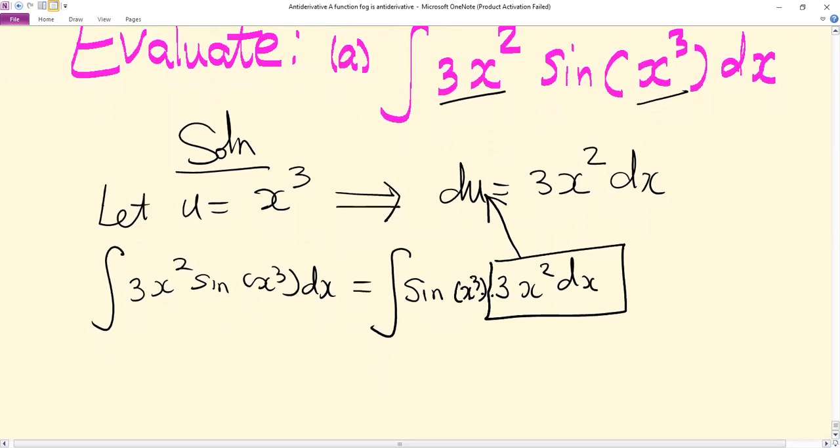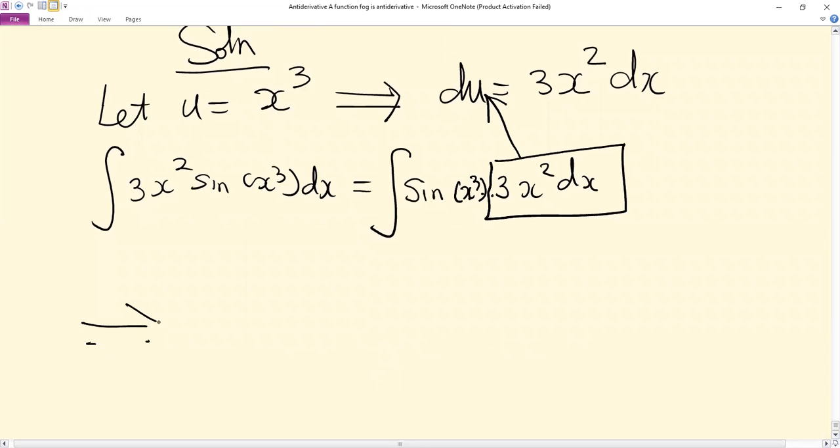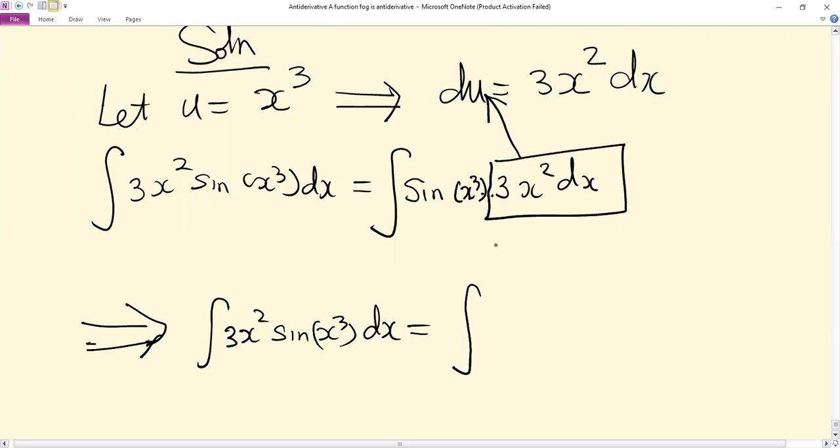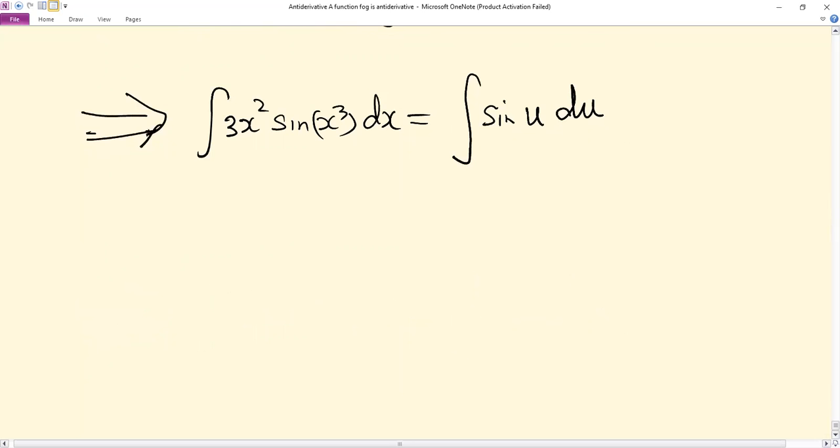So that the integral of 3x squared sine x cubed dx will be the integral of sine of u du, because this part is u, all this is the definition of u. And from our other discussion, the integral of a sine function is a cos function.